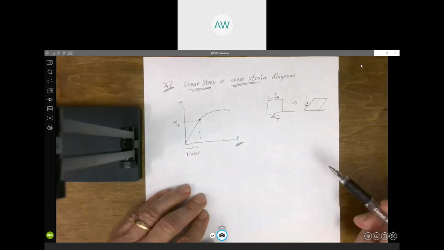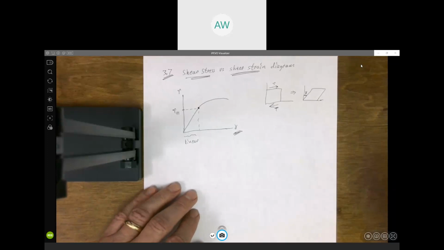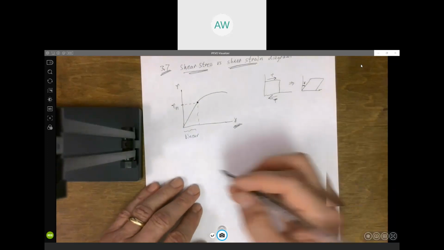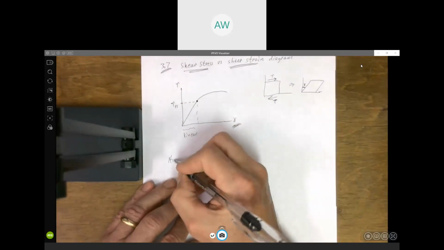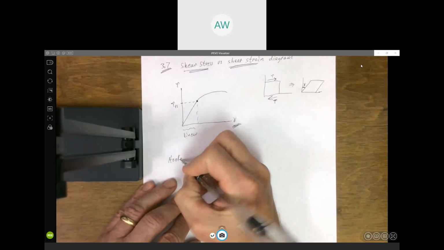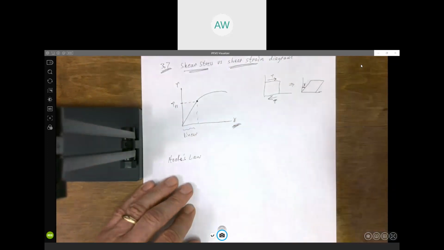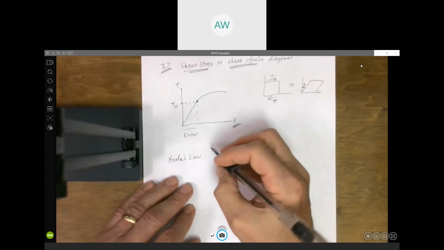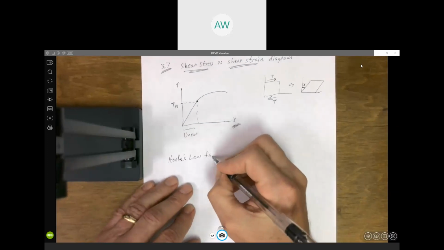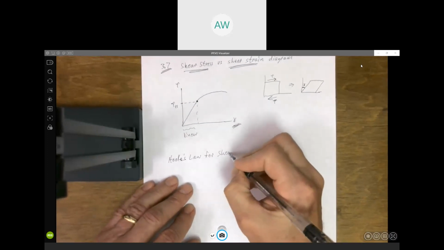And somebody does this in a lab, and we have the same thing that we came up with for normal stress and normal strain. We had Hooke's law, so we'll call this Hooke's law for shear.